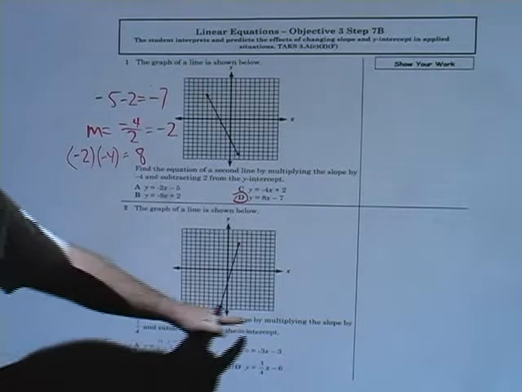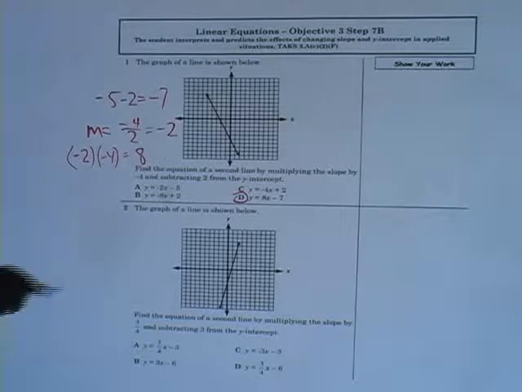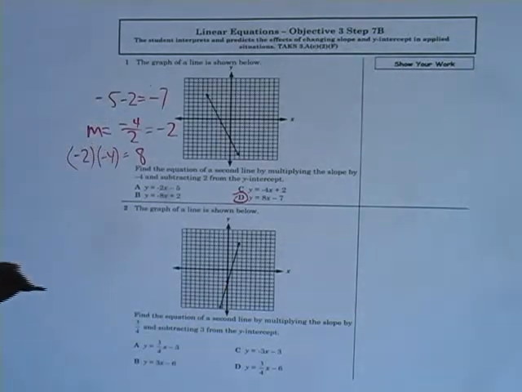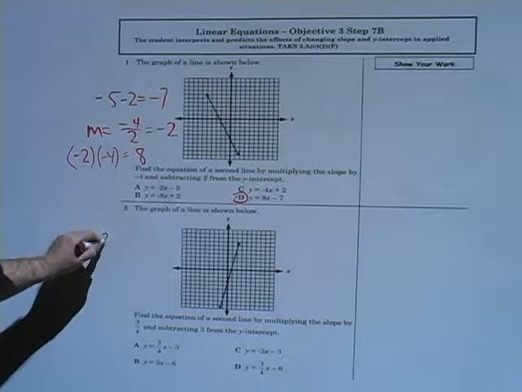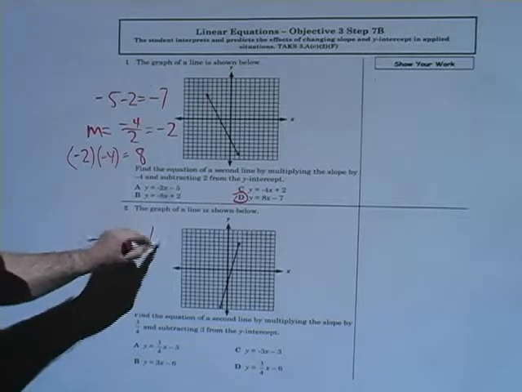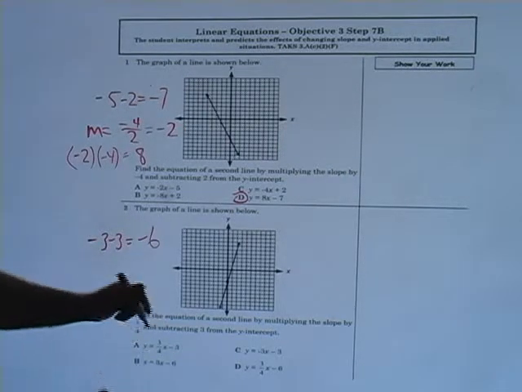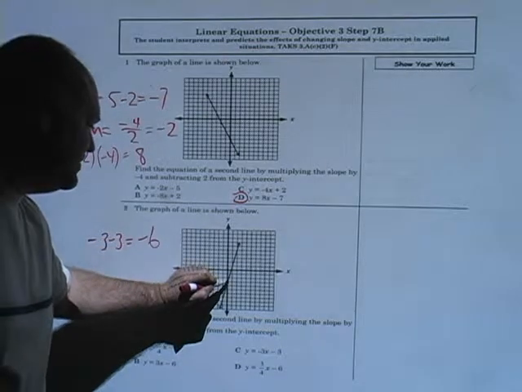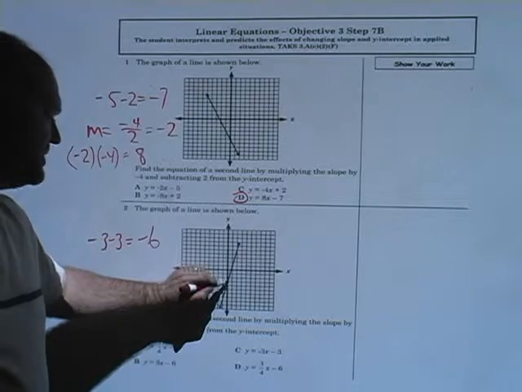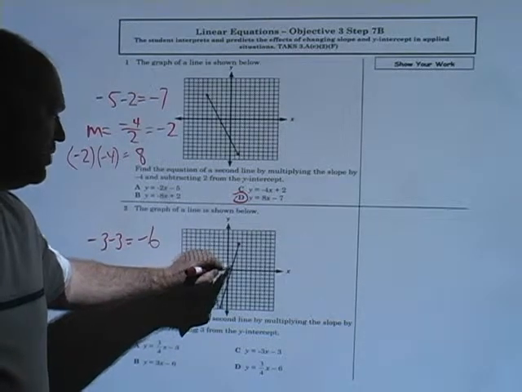Okay. Here we're going to multiply the slope by 3/4 and subtract 3 from the y-intercept. Y-intercept is there at -3. Subtract 3 from that, and you get -6. Our slope is, I'm going to go between those 2 points, up 1, 2, 3, 4 over 1.